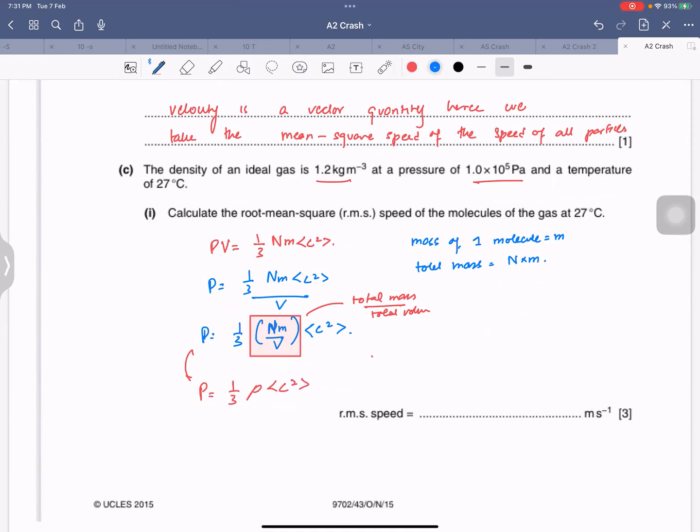We got the pressure, which is 1.0 times 10 raised to 5. 1 by 3 density is 1.2. And now we want to find the RMS speed. So can you find C, please?